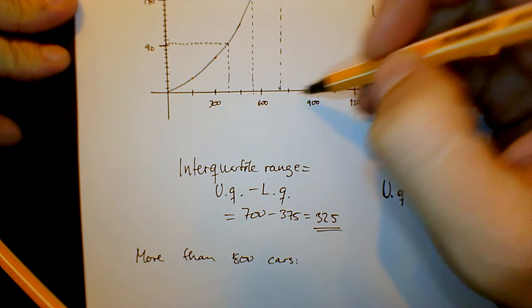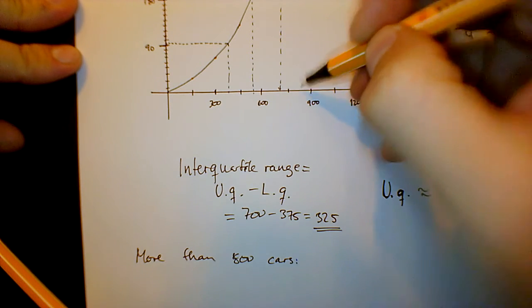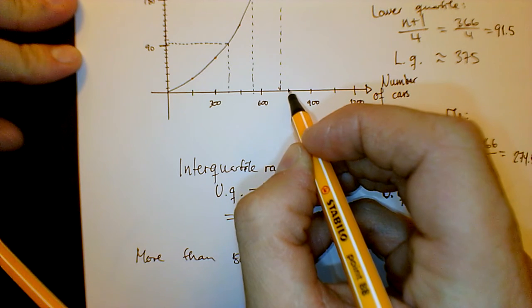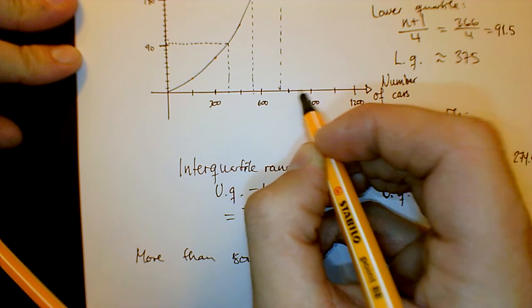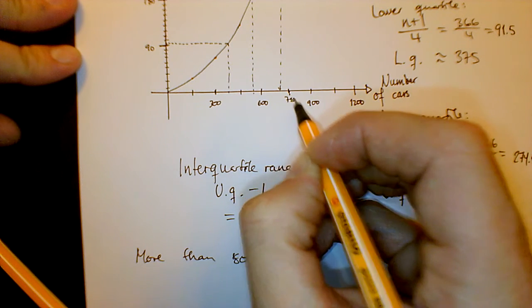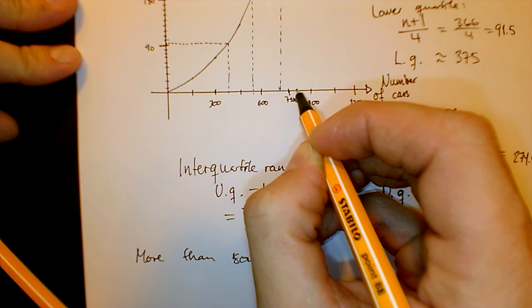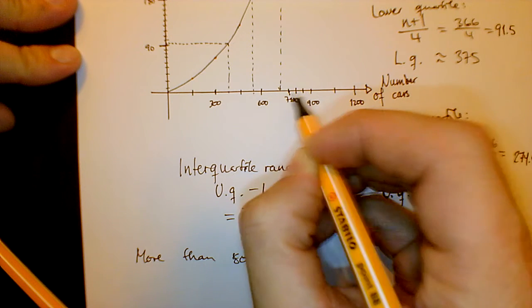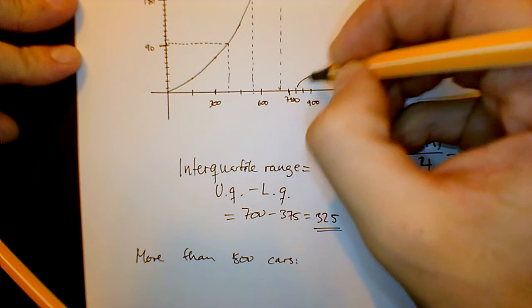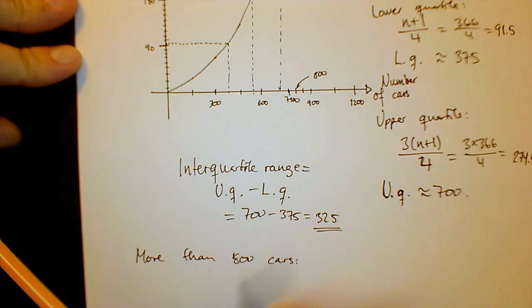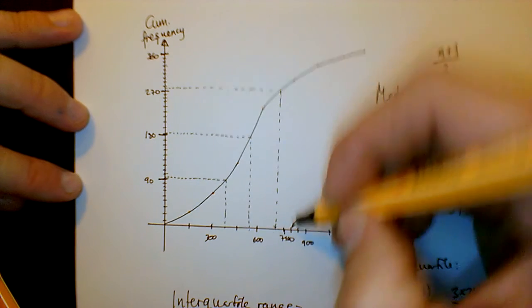So this should be 1/3. This is 750. So that means that between 750 and 900, if we divide that in 3, like this, then this here should be 800. And we want to find more than 800 cars.